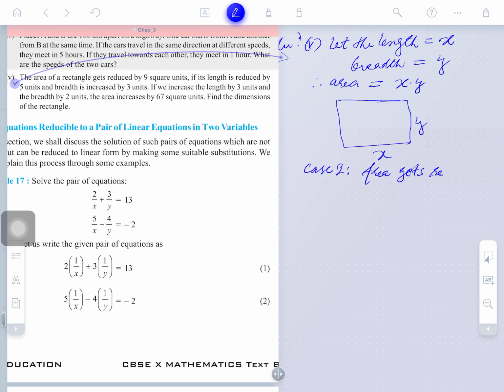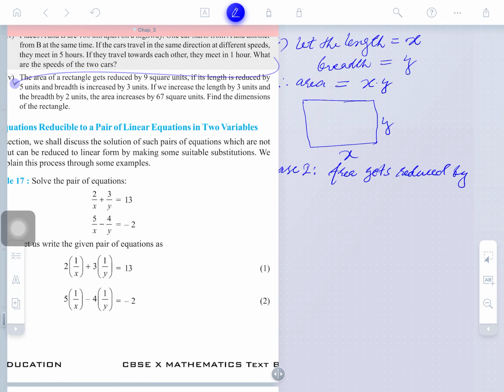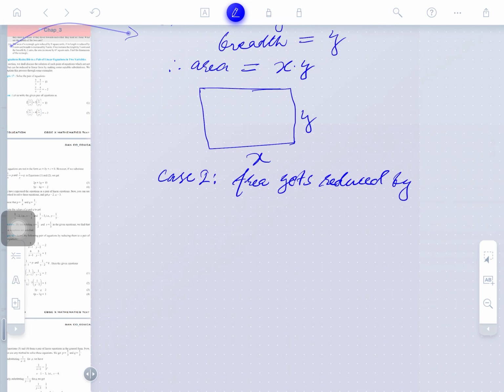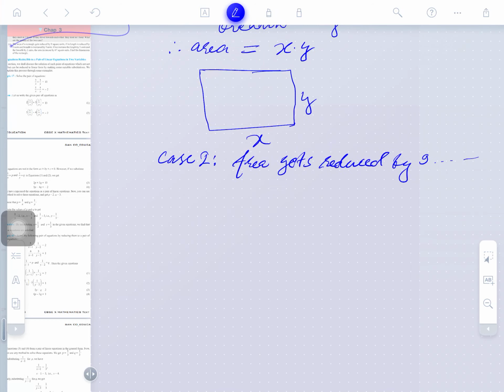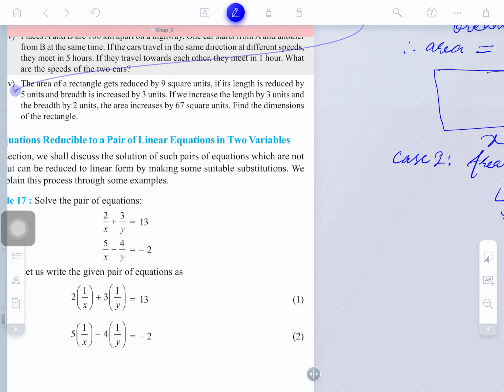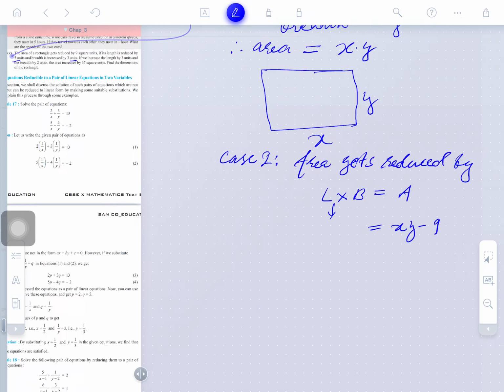Area gets reduced by 9. Obviously length into breadth is equal to area, so the area becomes xy minus 9 when length is reduced by 5 and breadth is increased by 3.